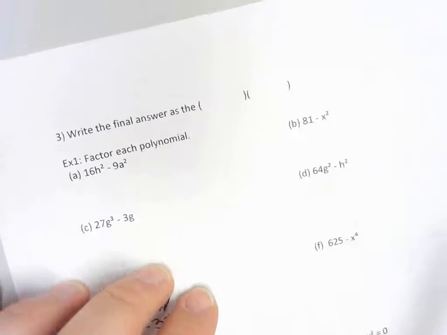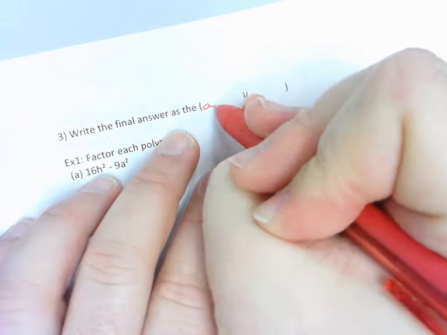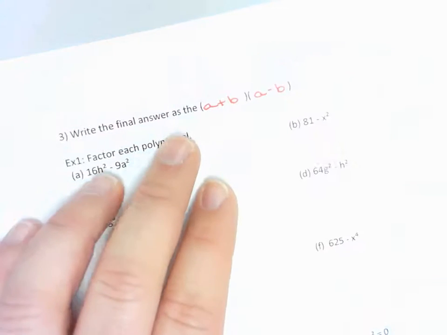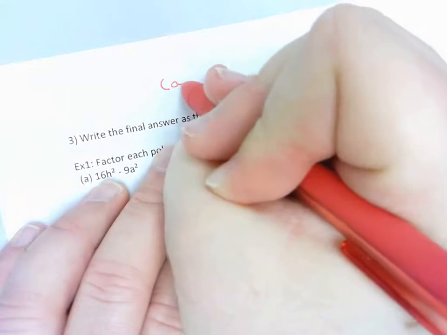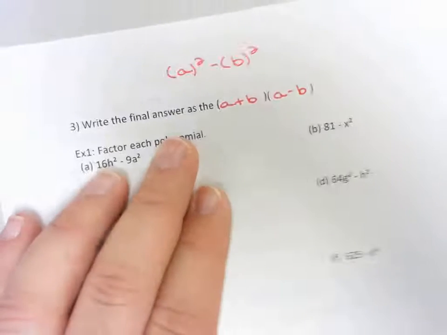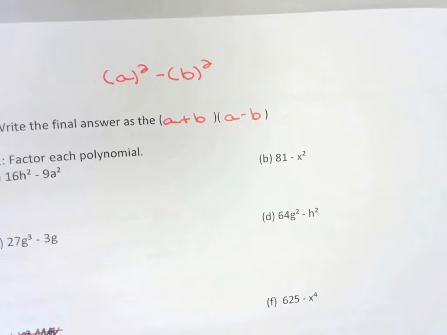Now your final answer is going to be written as a plus b and a minus b. From the step right before it, I'll write it up here. What do a and b mean? A is whatever you wrote as the first term.